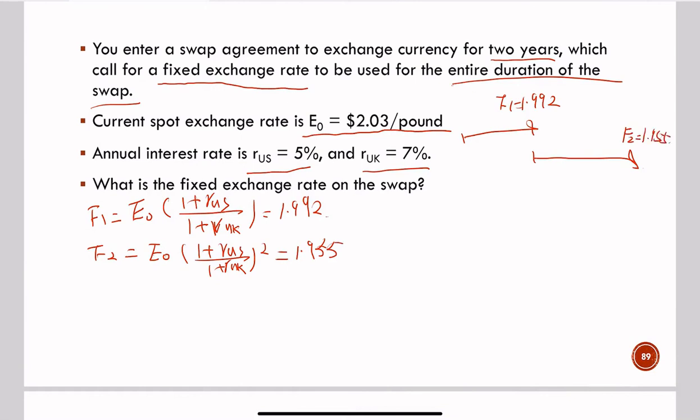And then you can see that we will finally be able to use the formula we just talked about. So what is the discount factor here? Well, you will just use 5% because you're a US person, right? Because you're exchanging US dollars for this UK pound. So let's just use 5% as the discount factor.